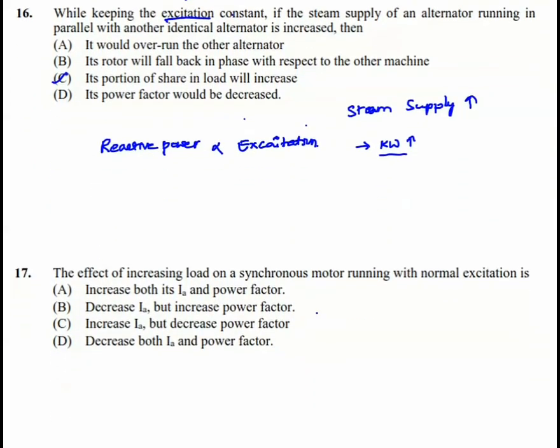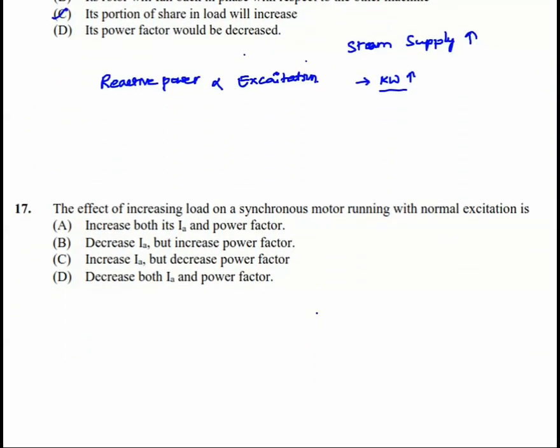on screen is, the effect of increase in the load on a synchronous motor running with normal excitation is. Okay, if we observe the V curves and inverted V curves of a synchronous machine, on the x-axis we will take excitation, and on the y-axis we will take the power factor and the armature current, like this.